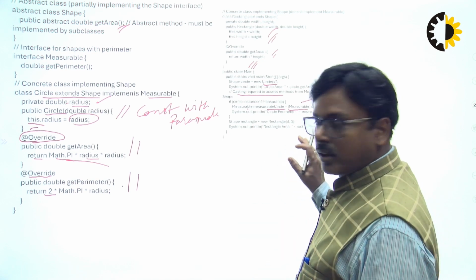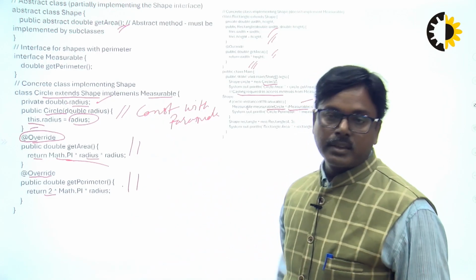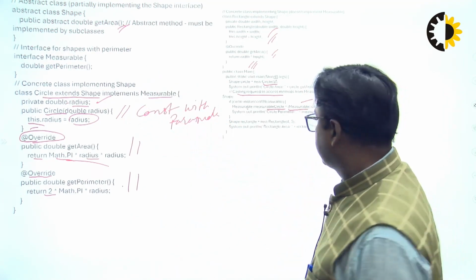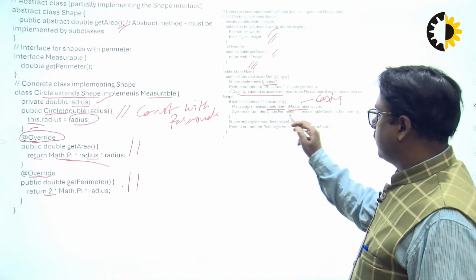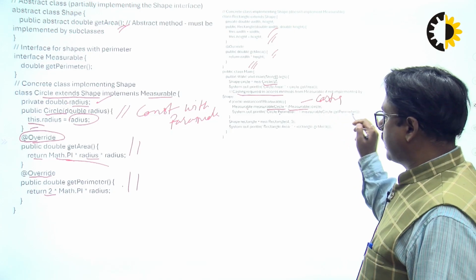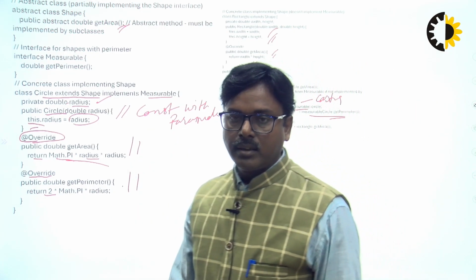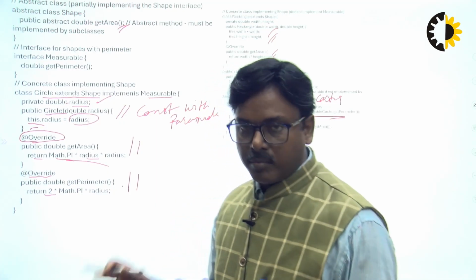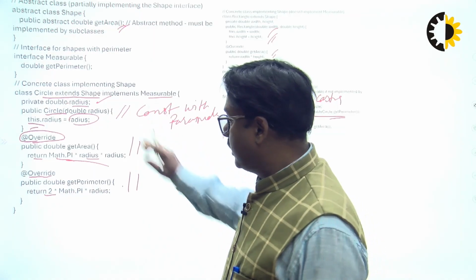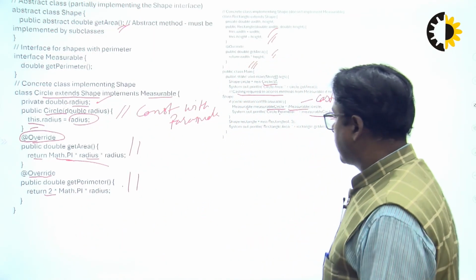This will give all the features of the Measurable interface. When we print circle perimeter plus measurableCircle.getPerimeter, we can easily call that interface method which has been declared in the interface, while the definition is given somewhere else in a subclass.